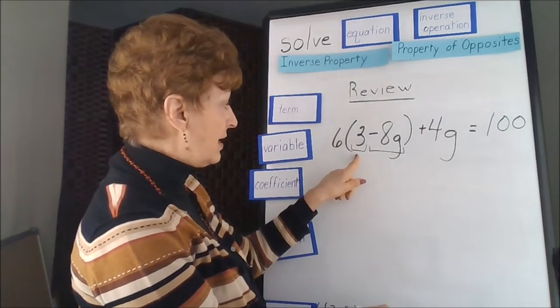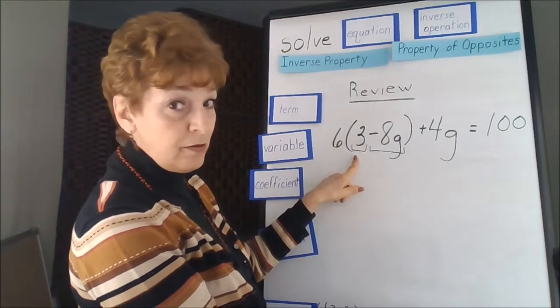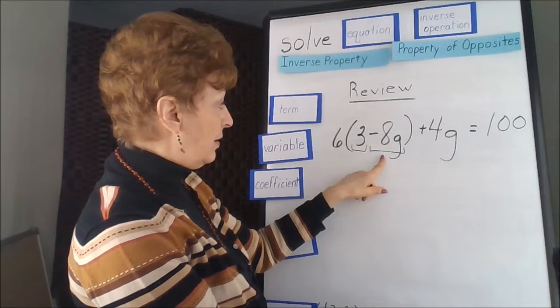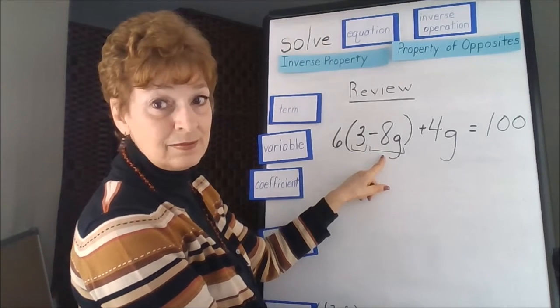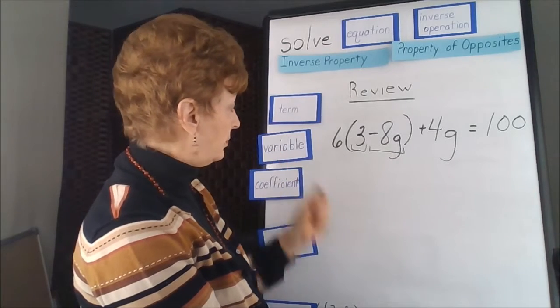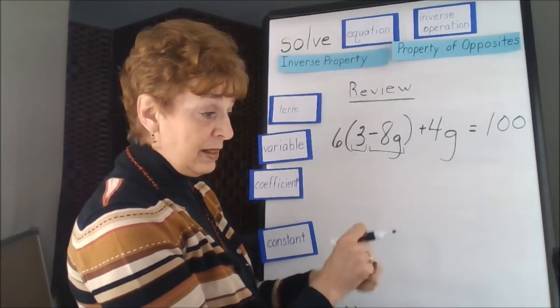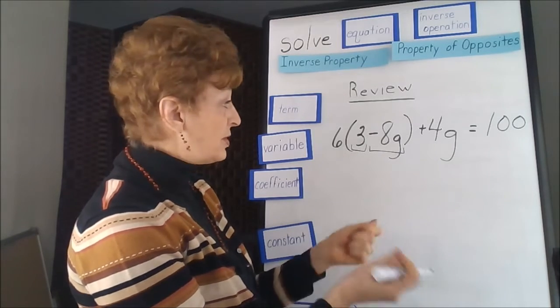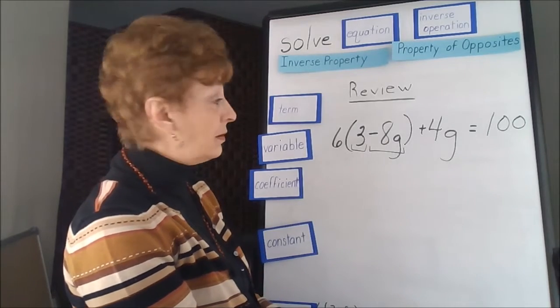It's kind of like saying let's say three sophomores, and then we have minus 8 seniors. And there's not any way that we join sophomores and seniors. So they're just not in the same grouping.